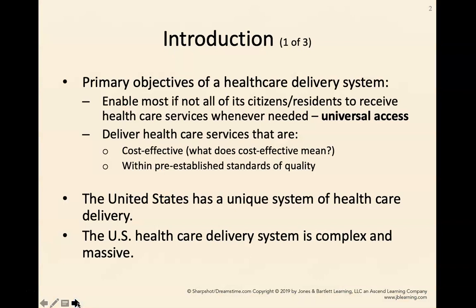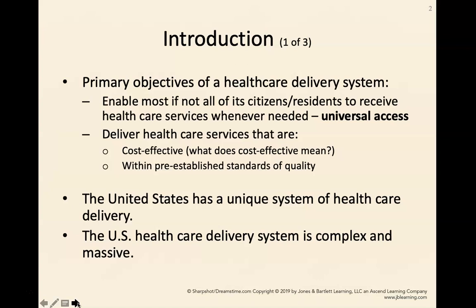So the primary objectives, or the main reason why a healthcare delivery system exists, are twofold. First and foremost is for it to make sure that all of the citizens or the residents of its country receive healthcare services whenever they are needed.